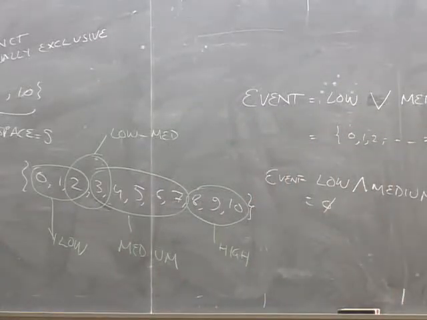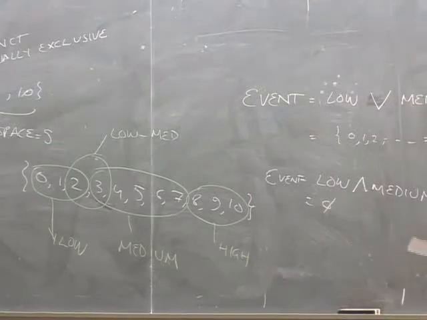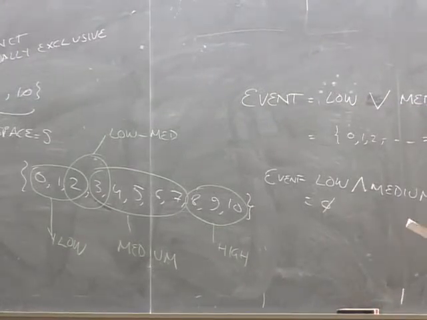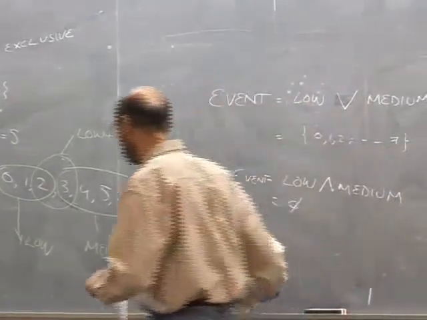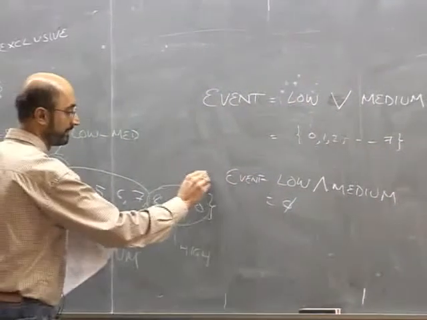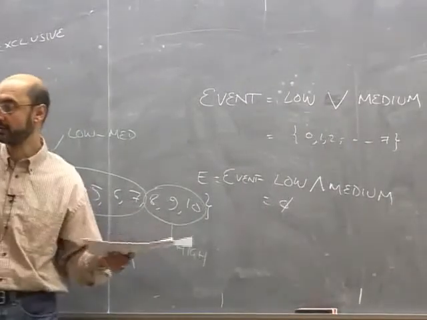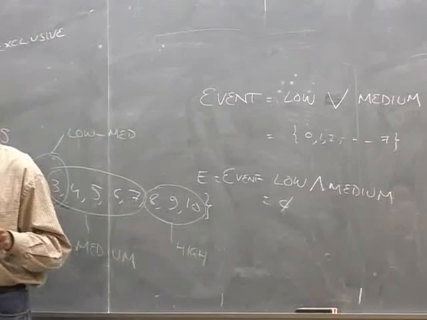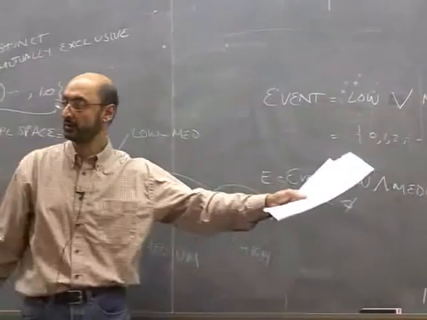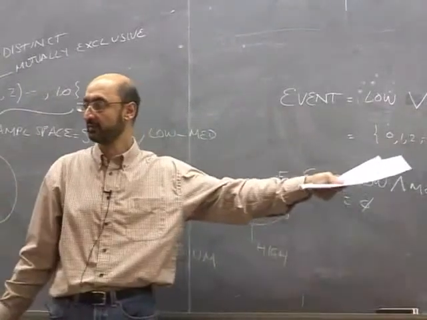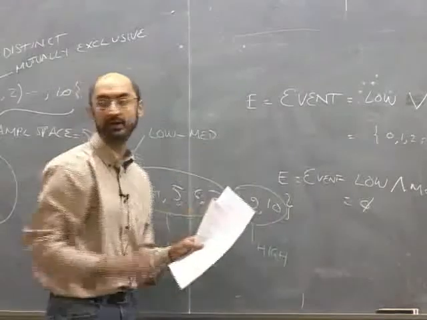What is conjunction? It's like combining two events. Let's say E is defined to be the conjunction. E is said to occur only if both have occurred. This has to occur and the other thing has to occur. Whereas the event E occurs if either one occurs. So if any of these outcomes happens, then we'll say that the event E, which is the OR, has occurred.